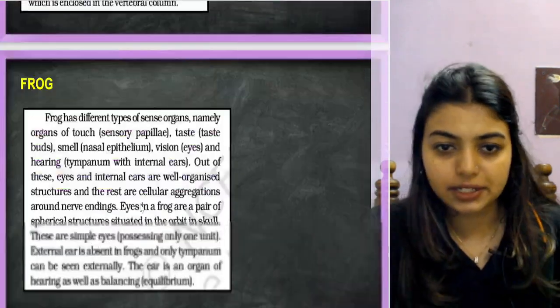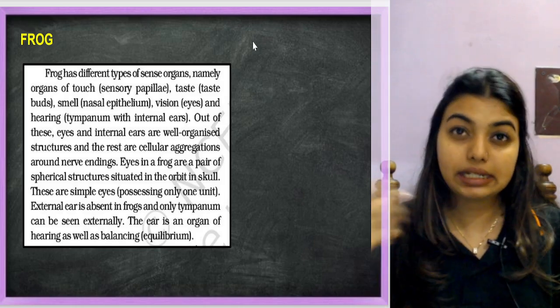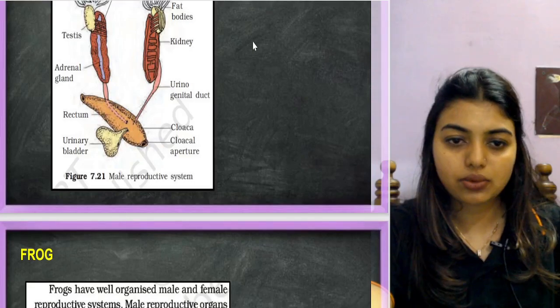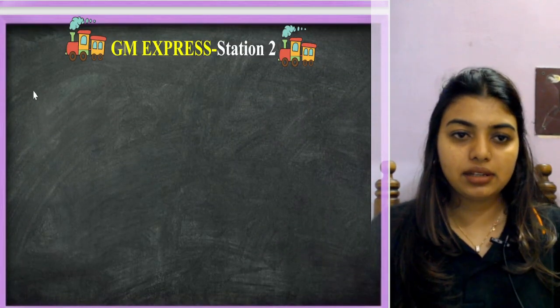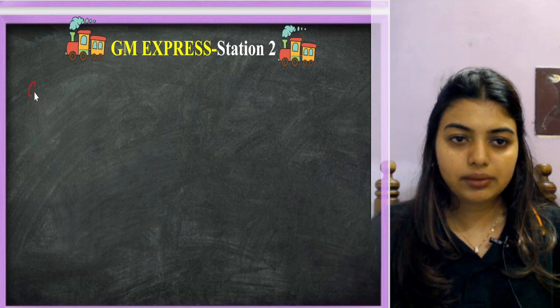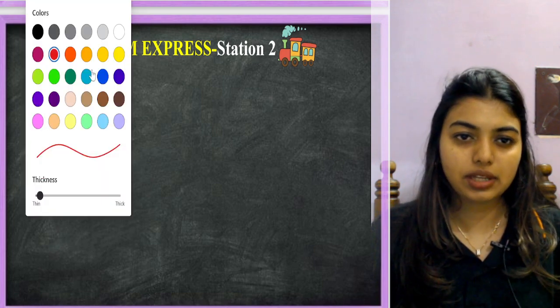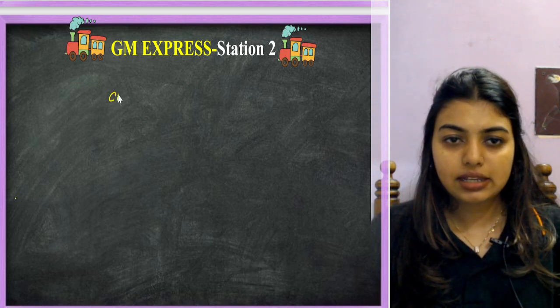Let's go here down. Okay, here we'll write about the nervous system. So the categorization goes like this: CNS is divided into brain and spinal cord.